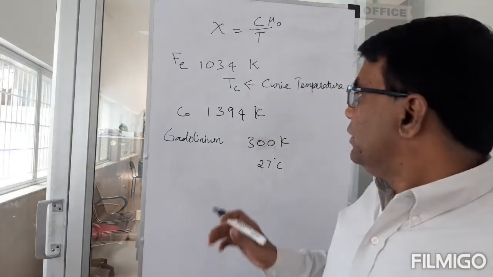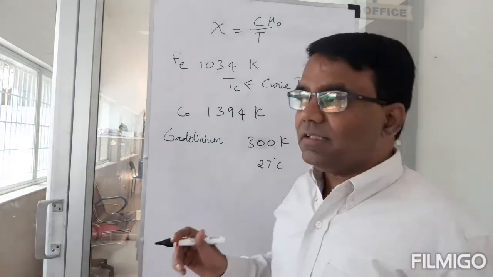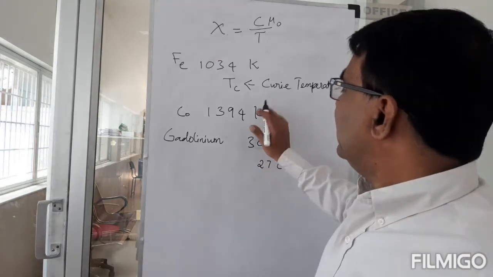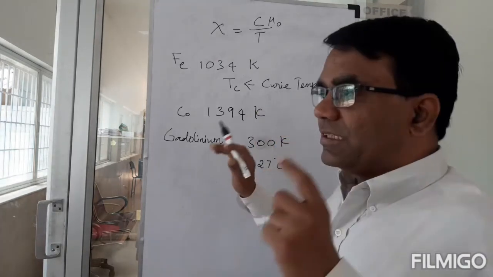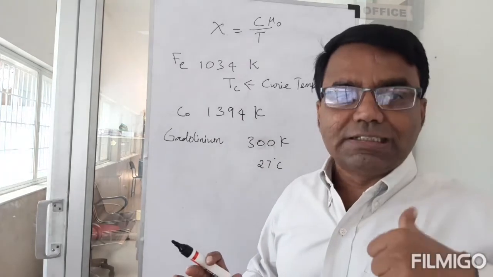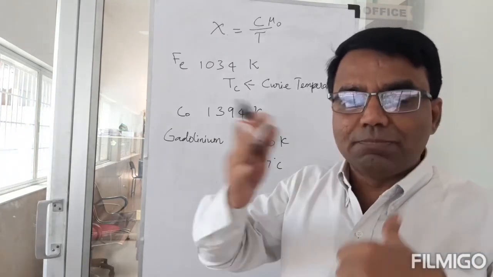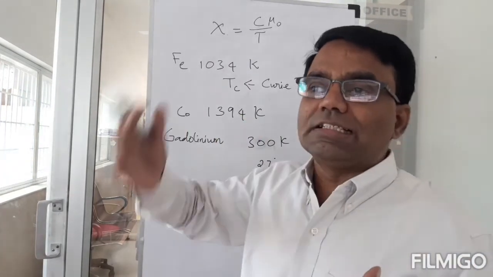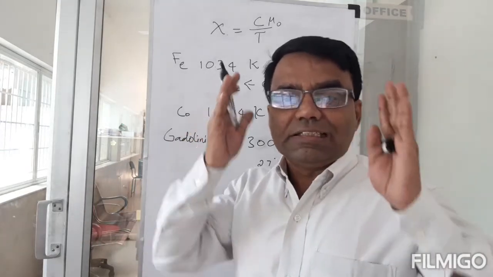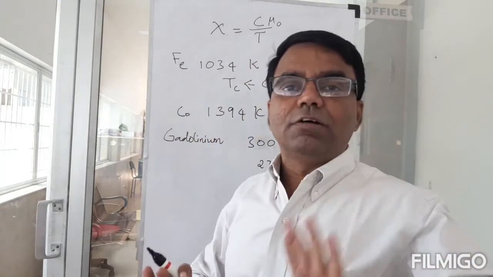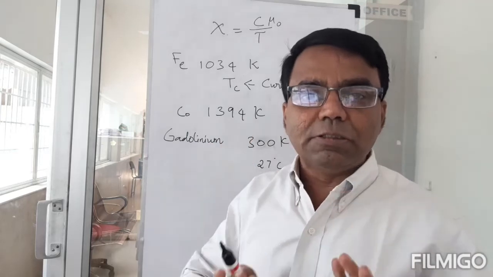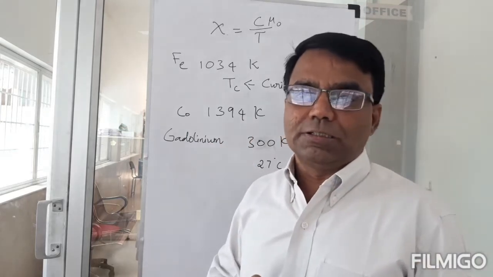Anyway, what you need to understand here is that if you take a ferromagnetic material and increase its temperature, you will reach a certain temperature at which it will cease to be a ferromagnetic material, but then it will become a paramagnetic material.